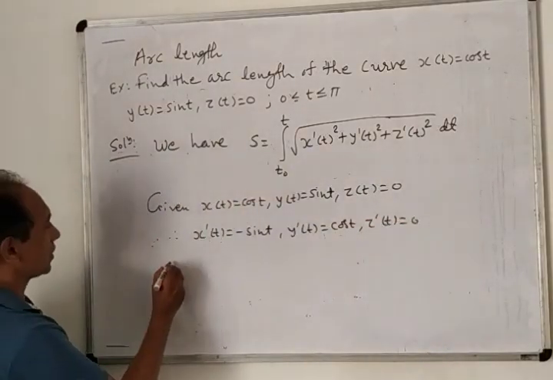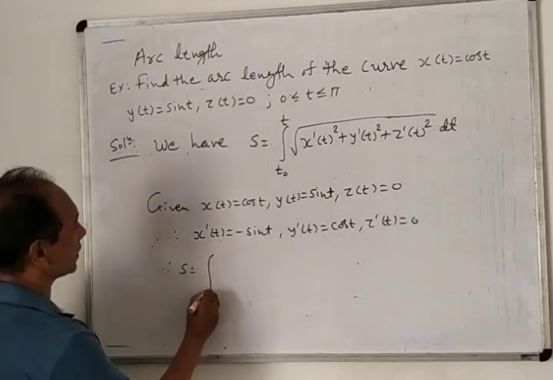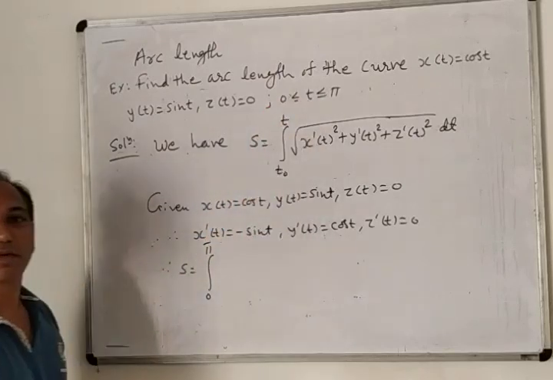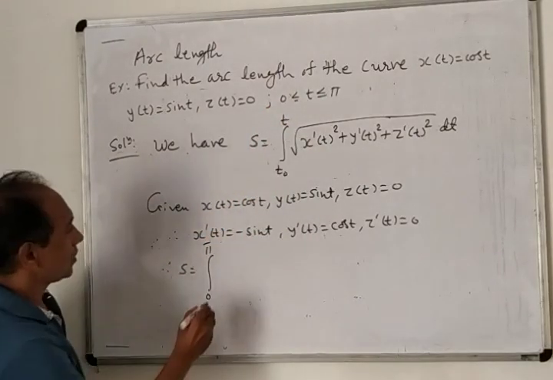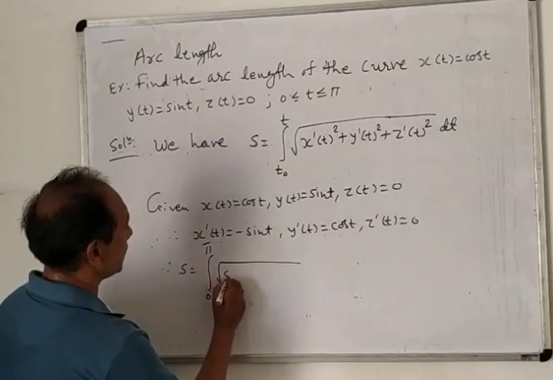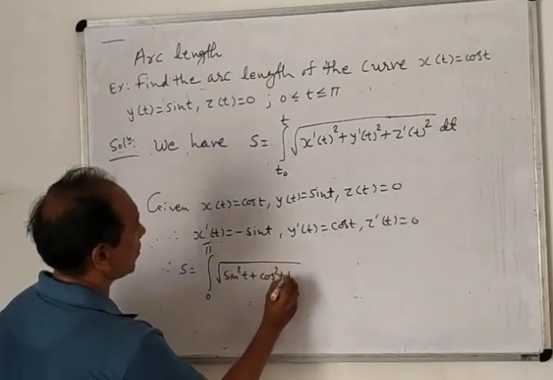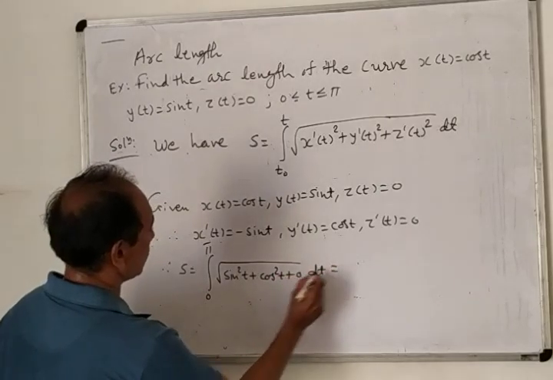So we put their values. Therefore s equals the integration, and the limits are from 0 to pi, because it is already given 0 less than or equal to t less than or equal to pi. So here we will have sin square t plus cos square t plus 0, dt.